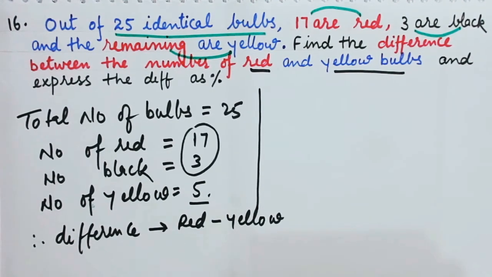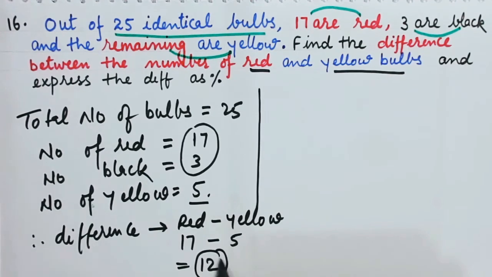Your red was 17 while your yellow was 5. So the difference you would get is 12, the difference between red and yellow bulbs.